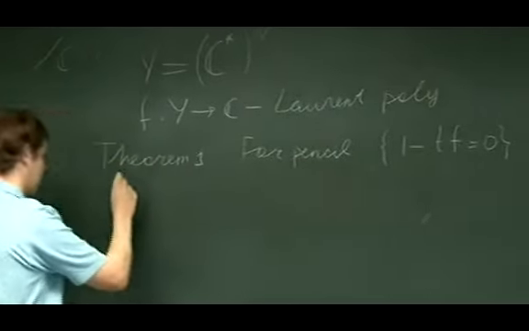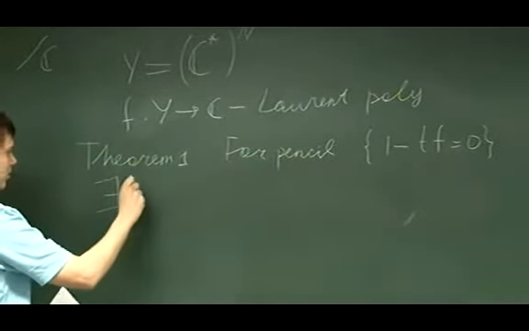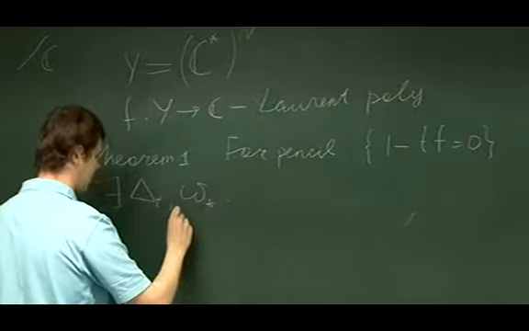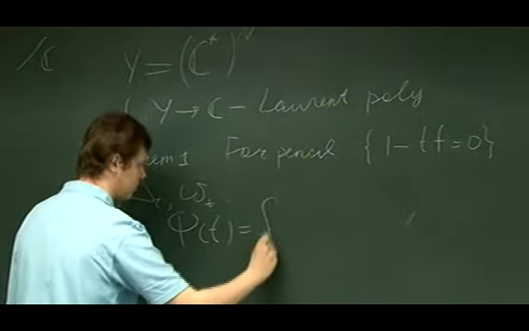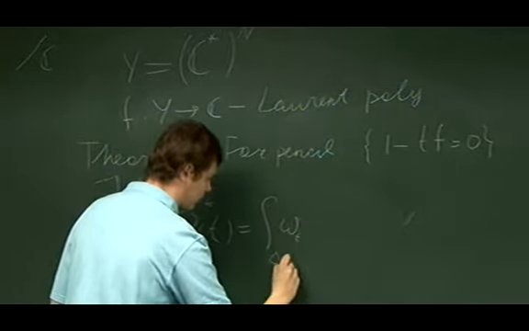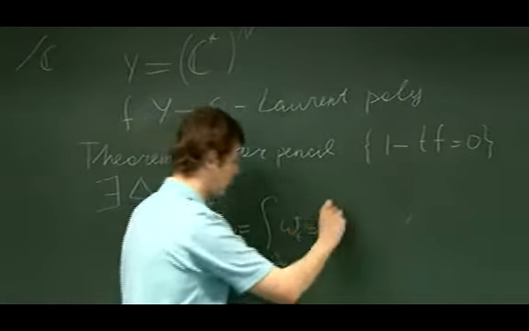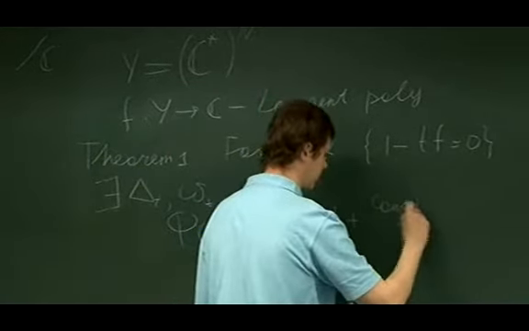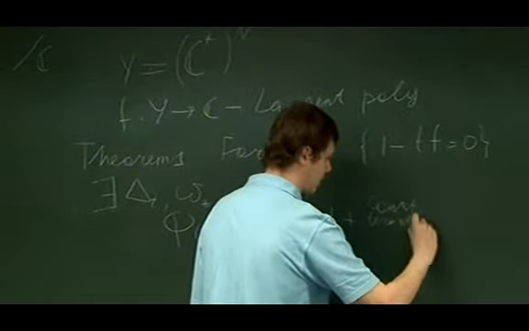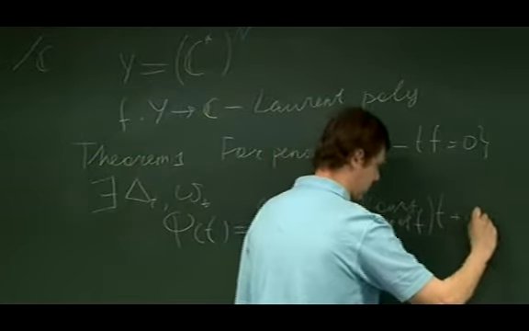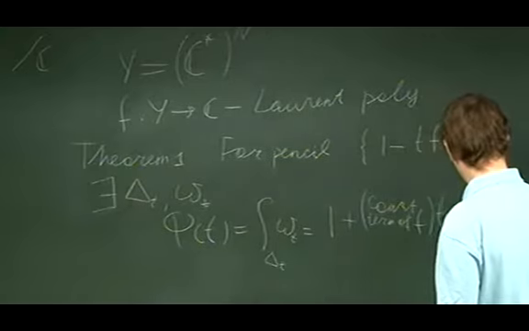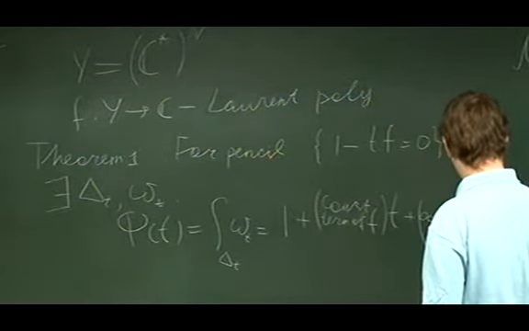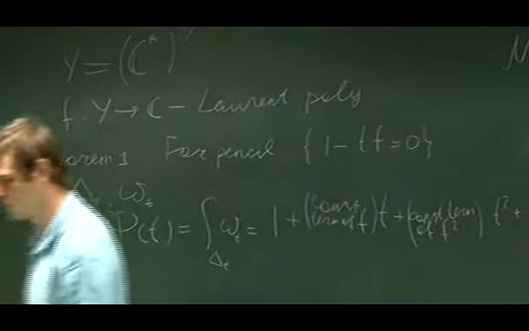There is a particular cycle of middle dimension and a form such that the integral of this form over this cycle is of the following type: 1 plus the constant term of f multiplied by t, plus the constant term of f squared multiplied by t squared, plus the constant term of f cubed multiplied by t cubed, and so on.